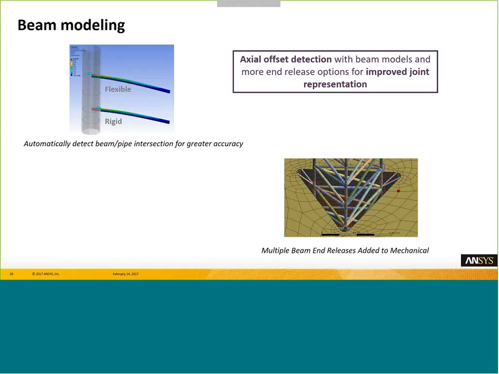So the model at the top where it says flexible is actually a little bit too flexible. And the model underneath, the rigid piece, is showing us that the portion of the beam inside the other beam here is treated as rigid, not allowing flexibility. So the actual connection manifests itself as if it were joining at the surface here, which is much more realistic. So the axial offset is detected and helps us improve joint representation.